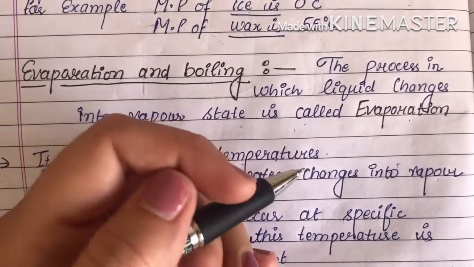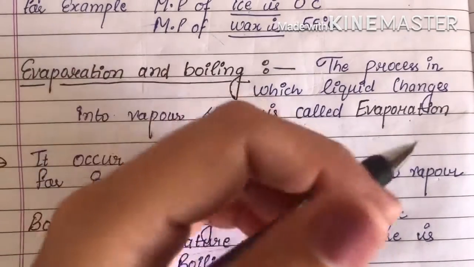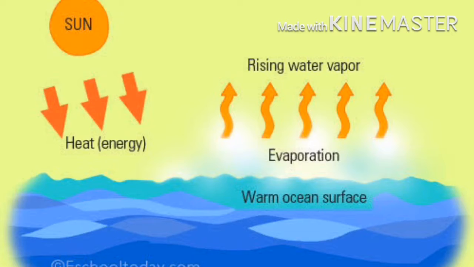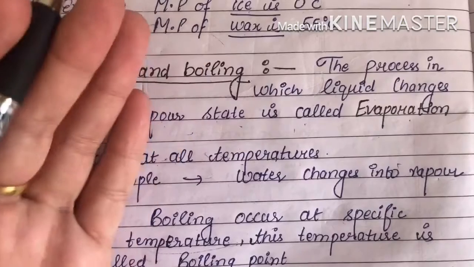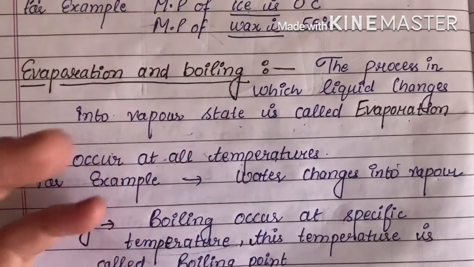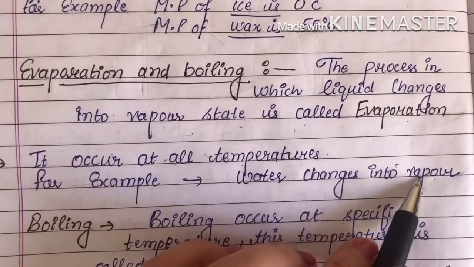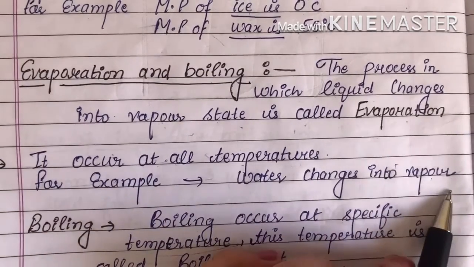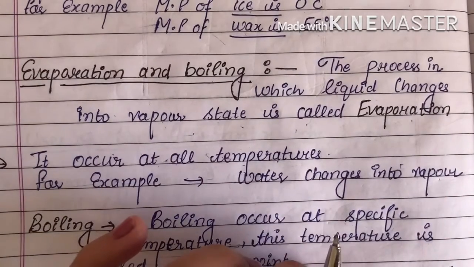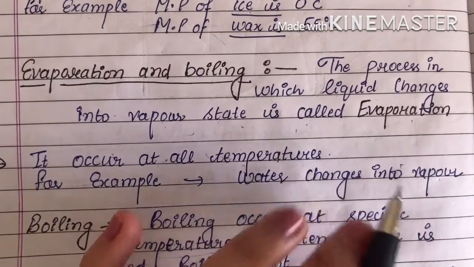This is because of the evaporation, that the water comes in contact with the heat and gets evaporated and converted into the vapor form. So the water level reduces.